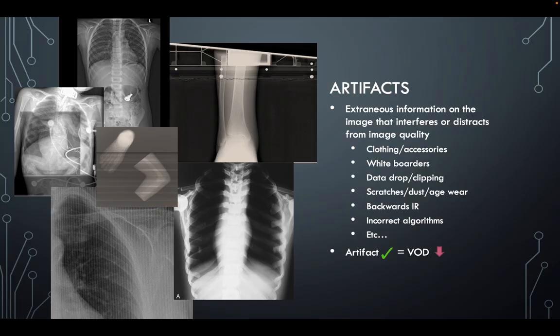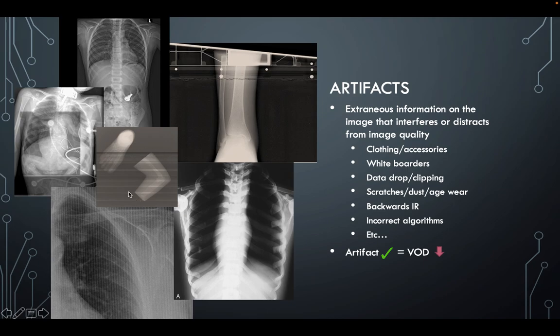Something else that can happen when things get really overexposed is you can see lines on your x-ray. They can look like this. They can be vertical. This one is really showing an incorrect CR plate reader. This is an artifact that you would see in a CR plate reader, but it could look kind of like this, where you just see lines of information that's missing.